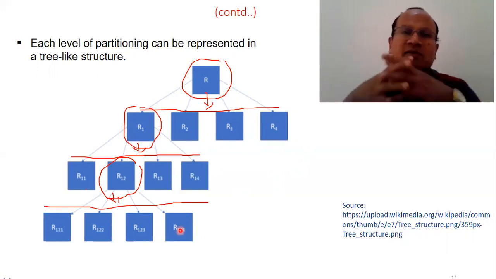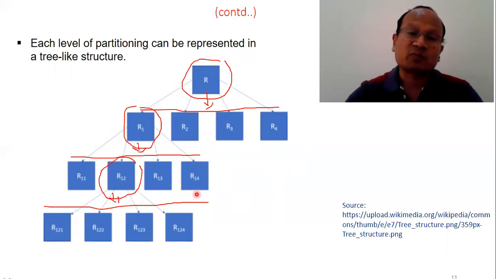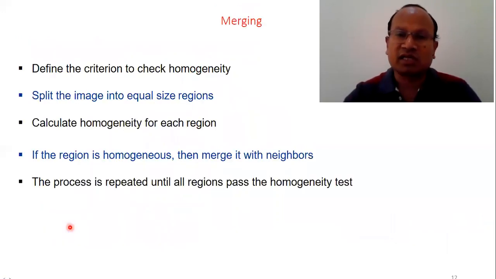When it is less than some offset value, they can be merged together. So R12, R121, and maybe some other part of R14, maybe R141, the first part of R14 and the first part of R12 may have similarity, and then they can be merged in the entire image.